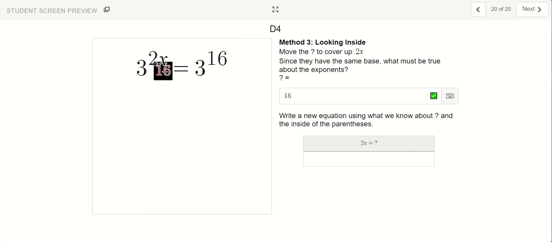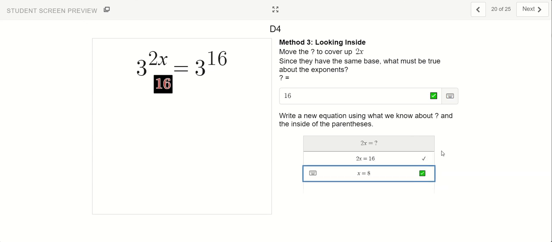I should be able to slot in 16 to this spot and have these two expressions be the same. So since I know that these two have to be 16, I can interchange these. 2x has to equal 16. So from there, we can divide by 2 on both sides, and x equals 8.